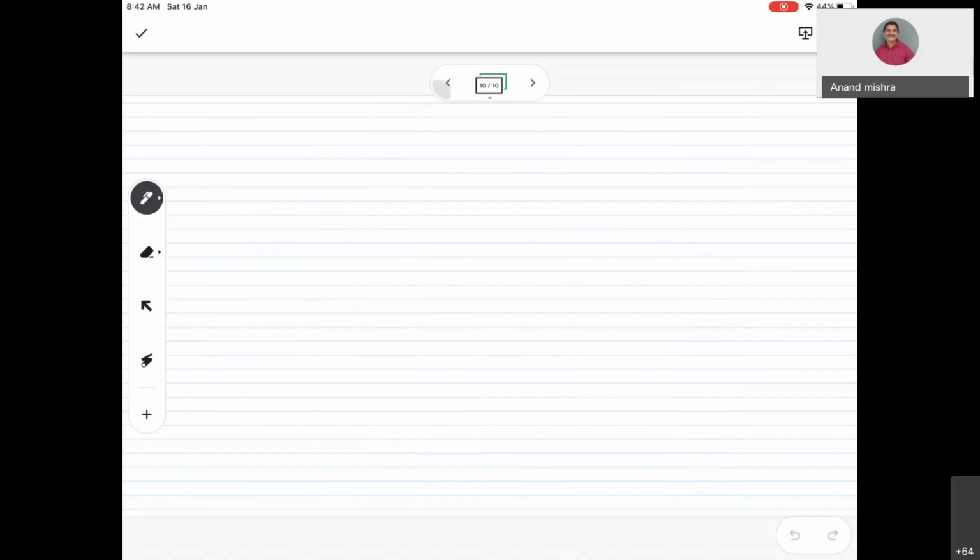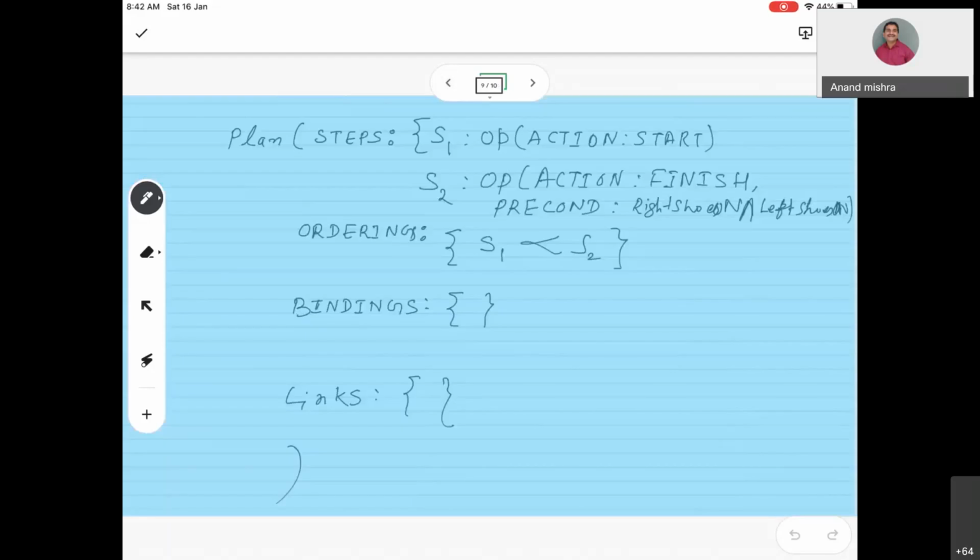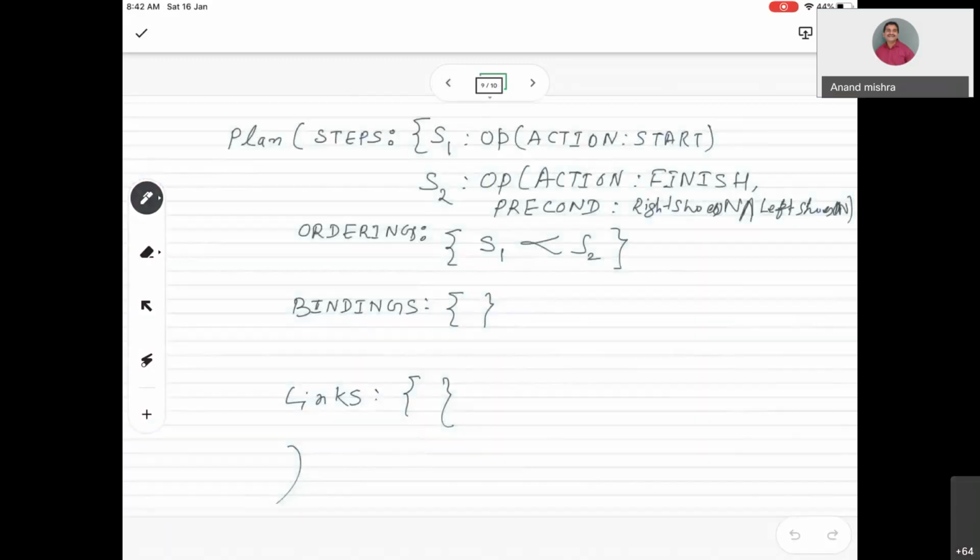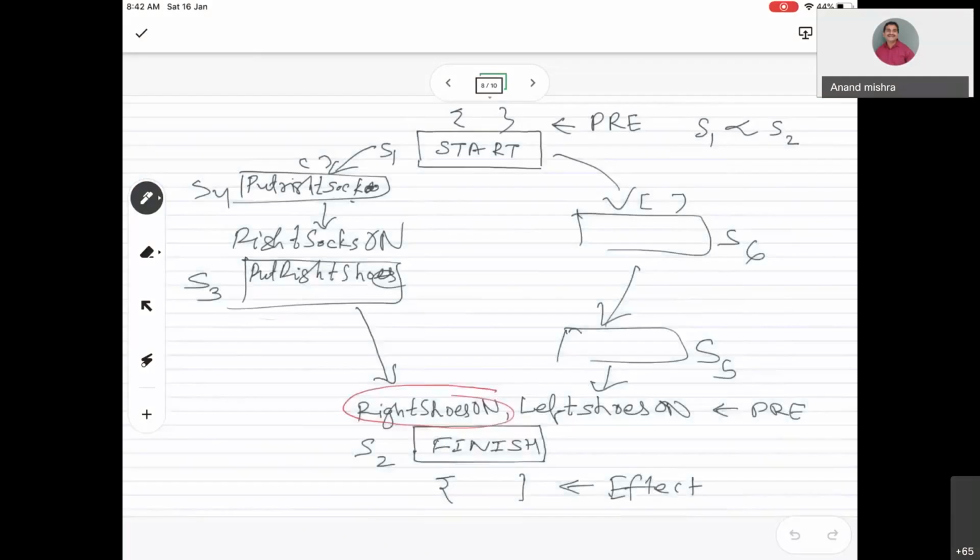Yes, so when ordering combinations need to be written related to all steps, all ordering combinations, you do not really write all the things. Let's say S3 and S5, right? You don't write that S5 should be before S3. You only write the things which are important to write, right?